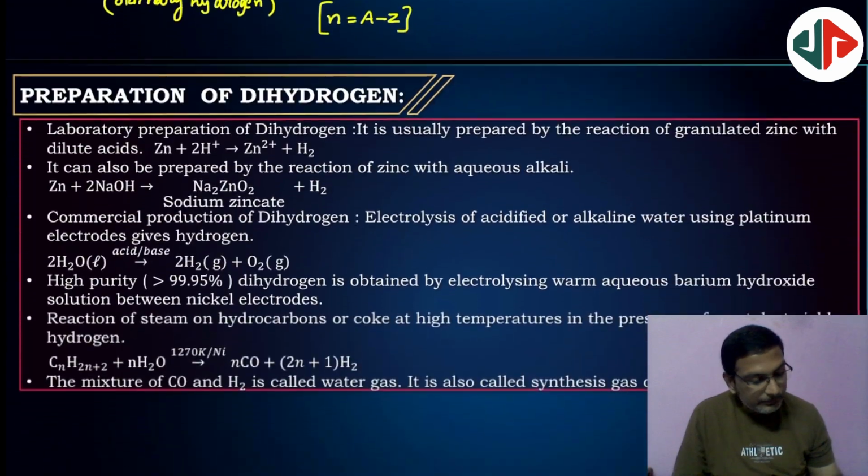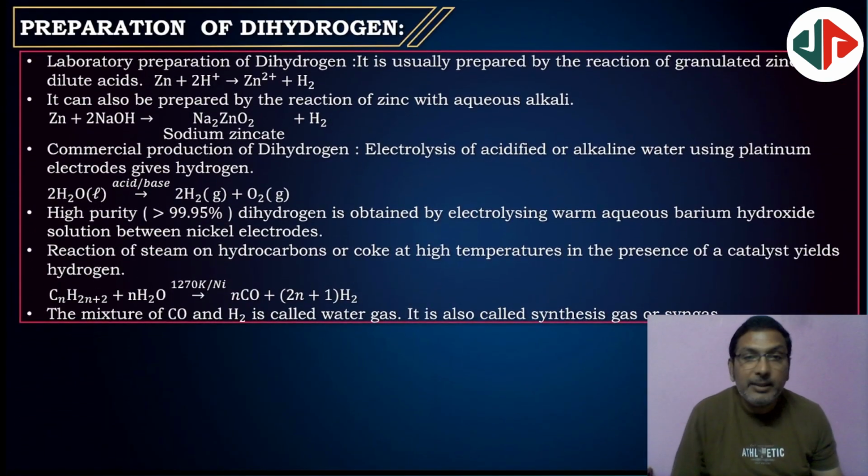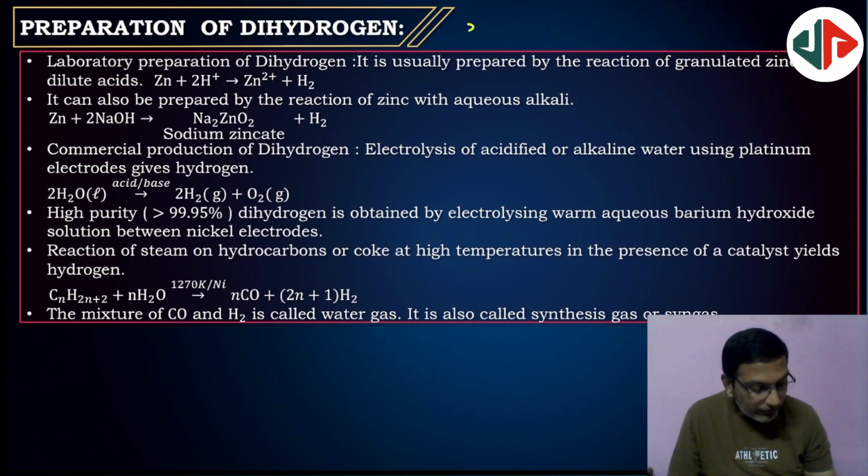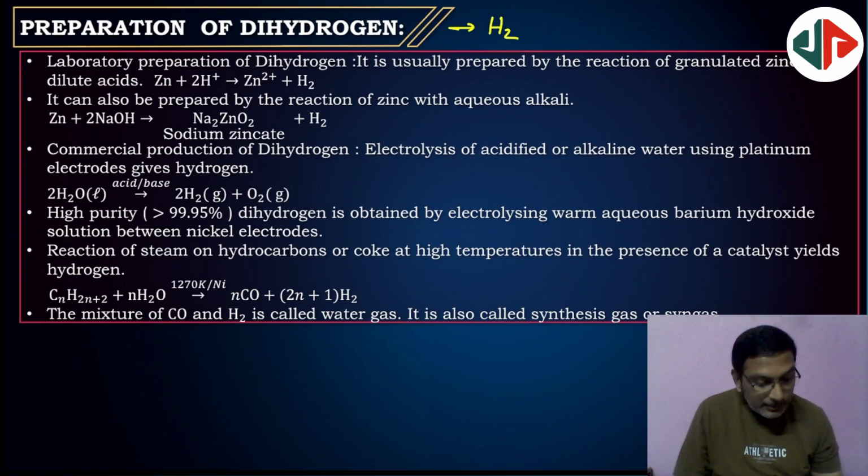Next, preparation of dihydrogen. Dihydrogen means simply H2. So in laboratory, it is prepared by reaction of granulated zinc with dilute acids. This is the basic skeleton.